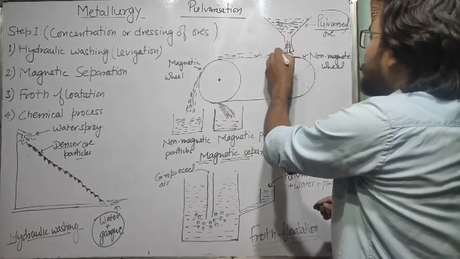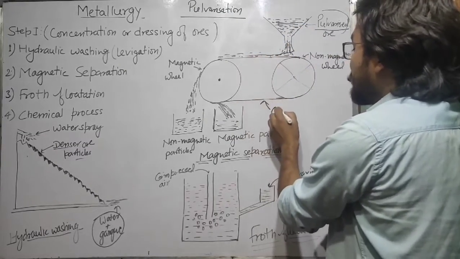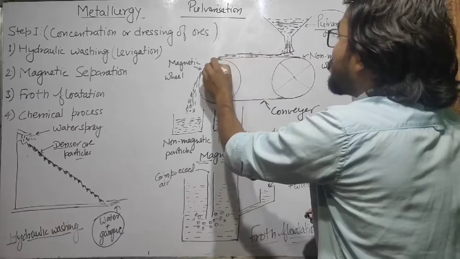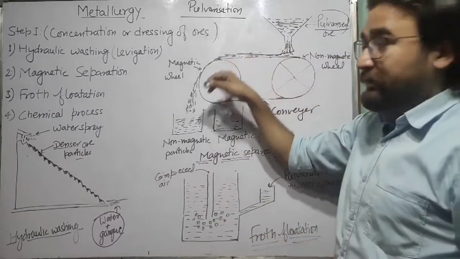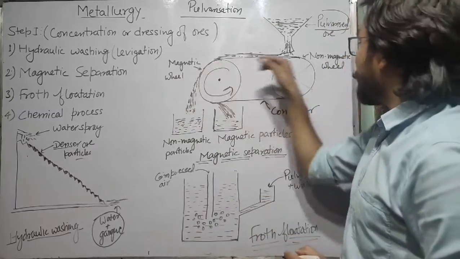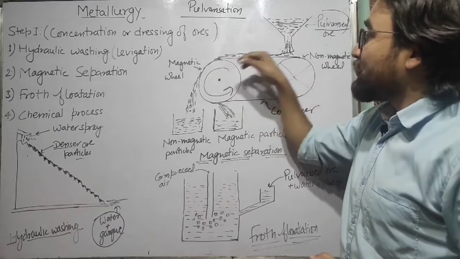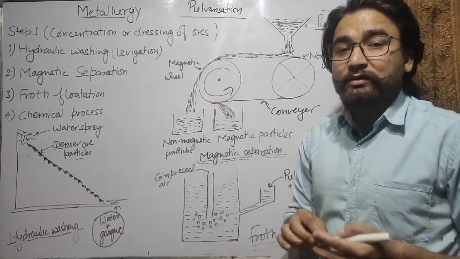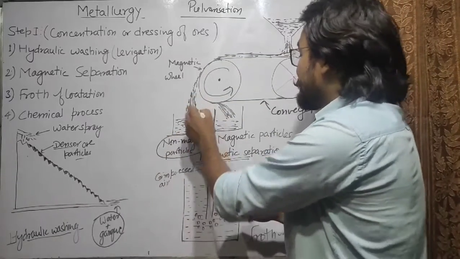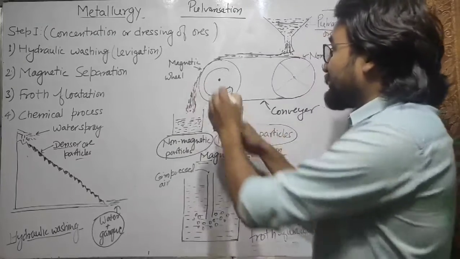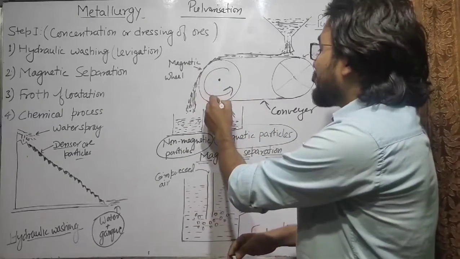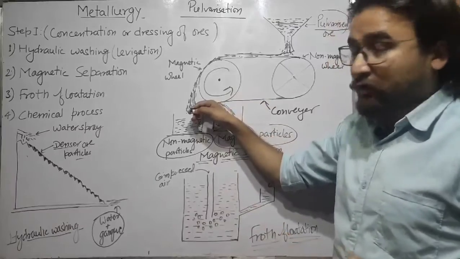The pulverized ore is passed on a conveyor belt. So this is a conveyor belt, and when the pulverized ore is passed on this conveyor belt, it passes over a magnetic wheel. There is a magnetic wheel and this one is a non-magnetic wheel. When the impure ore is passed over the magnetic wheel, the non-magnetic particles will be separated from the magnetic particles, because they will just fall down from this position, while the magnetic particles will stick on the conveyor belt.